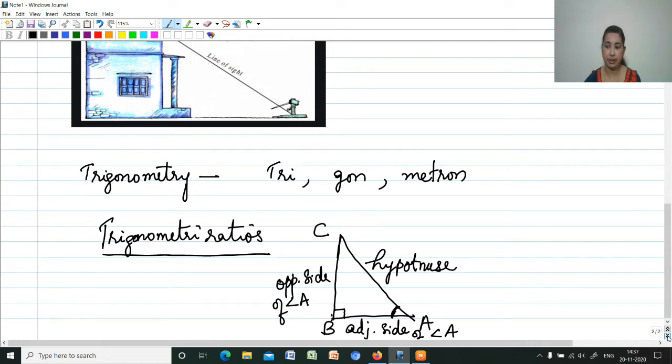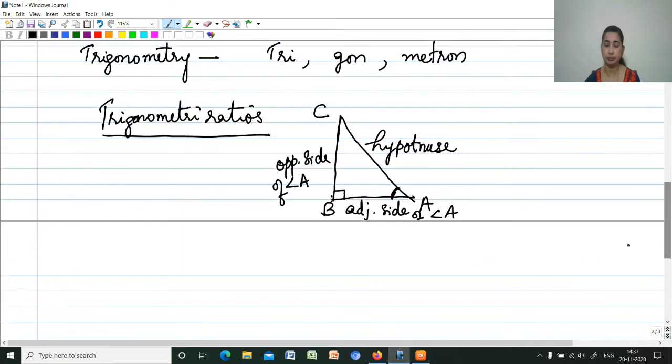So how can we say the ratios? The different ratios are, first one, sine, and in short we call it sin.